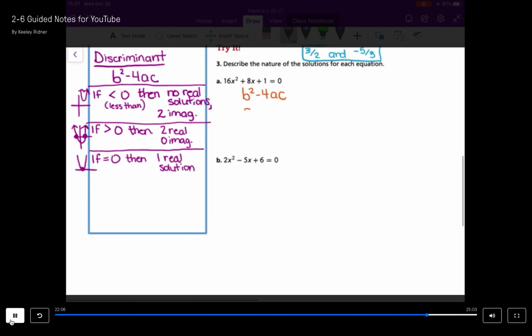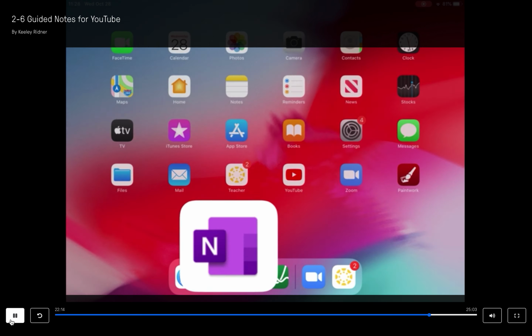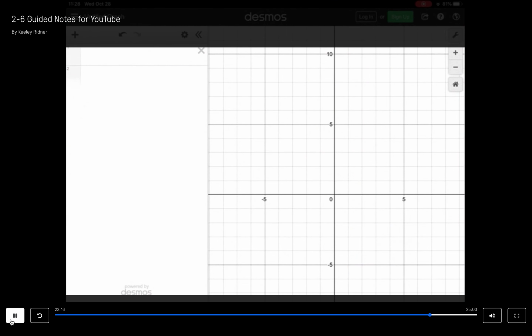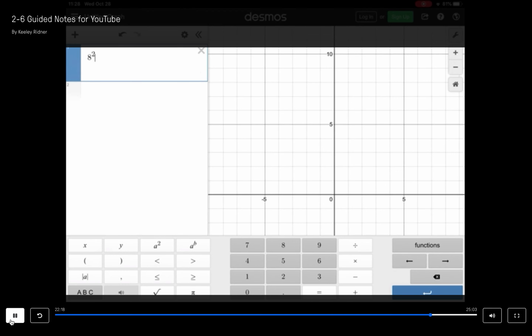All right, so 8 squared minus 4 times 16 times 1. If you're a mental math genius, please keep using that mental math. For the rest of us that need a calculator, we might do something like this. And we get 0.